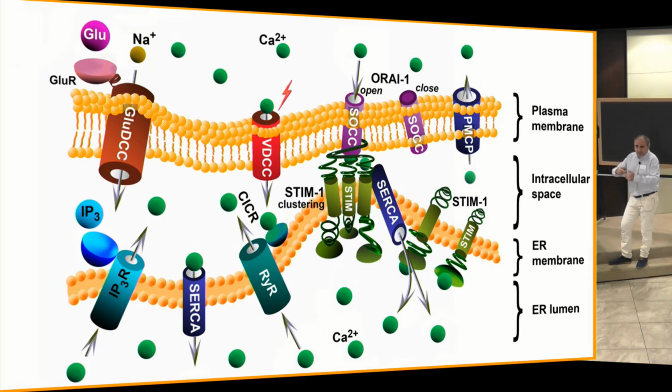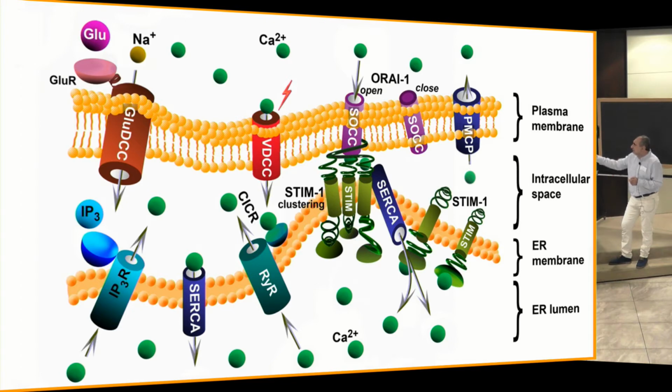So ORAI is a pore, the calcium channel. STIM, as was mentioned yesterday, is not a channel. It's just a signaling protein which has two tails, two arms. One arm is, as is believed, inside the calcium store. It should sense calcium. The other arm has the ability to be connected to the ORAI channel.